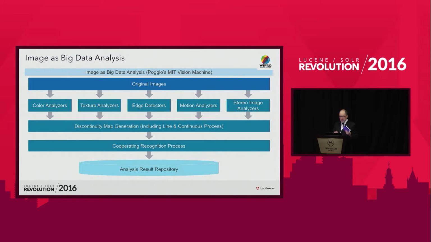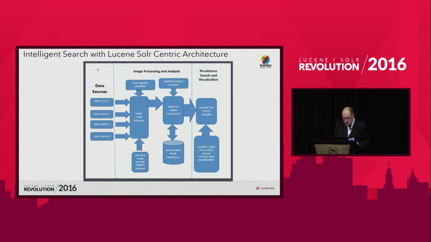Sometimes you're looking at stereo pairs and getting three-dimensional information. We were really inspired by this diagram that Poggio's work and Poggio's team came up with. And we had the ambition of trying to actually implement this using modern Hadoop-esque technologies. And this is part of the inspiration for the Images Big Data Toolkit. Our architecture was relatively simple, and here it is.